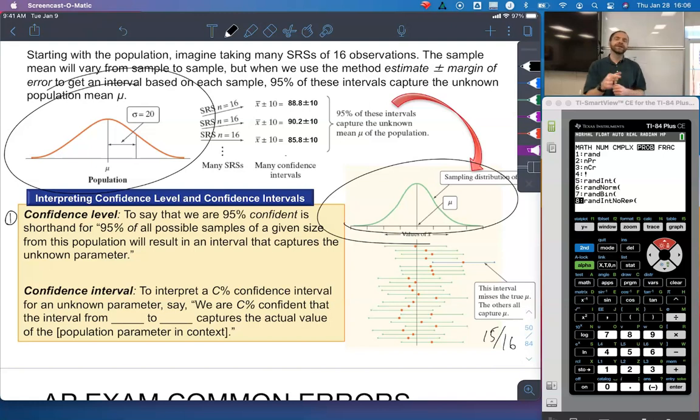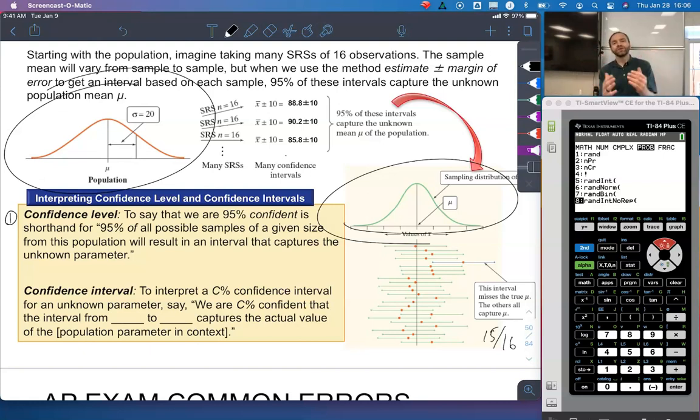That's why you can do it in the beginning. I know in the beginning, my sample size, I'm 95% confident. All possible samples of size 16 from the population will result in an interval that captures the true population mean in this case. So right there, that's something to write down on your notes packet in the little boxes there, your little cheat sheet stuff, how to interpret a confidence level.